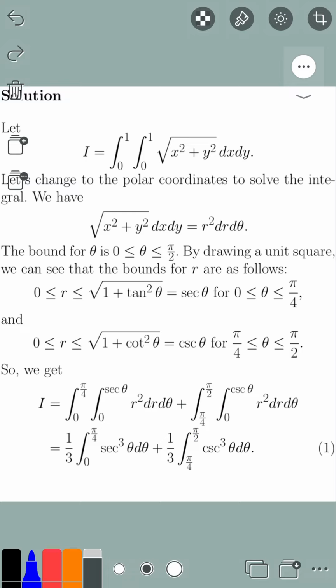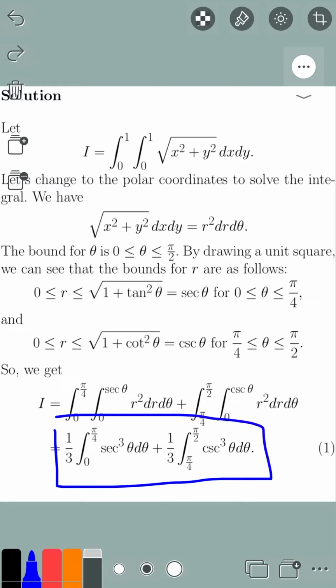So after integrating with respect to r, we get I is equal to 1/3 times the integral from 0 to pi over 4 of secant cubed theta d theta, plus 1/3 times the integral from pi over 4 to pi over 2 of cosecant cubed theta d theta.